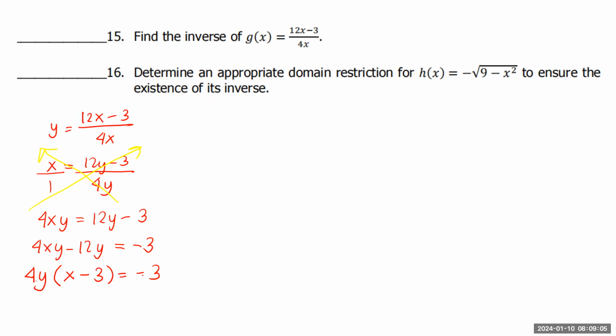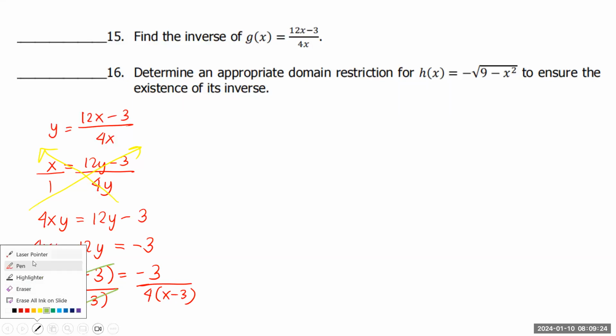So na-isolate na natin si y or si 4y. Then we can divide both sides by 4 times x minus 3 para matanggal to, para ang matitira sa left side ay y.